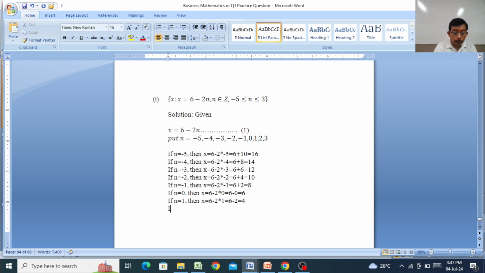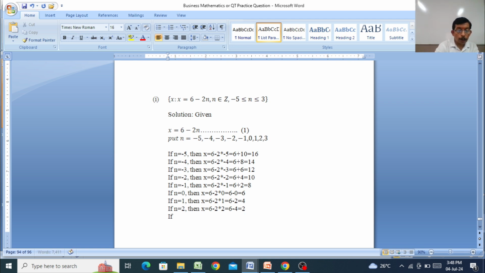If n is equal to 2, then x is equal to 6 minus 2 into 2 is equal to 6 minus 4 is equal to 2.